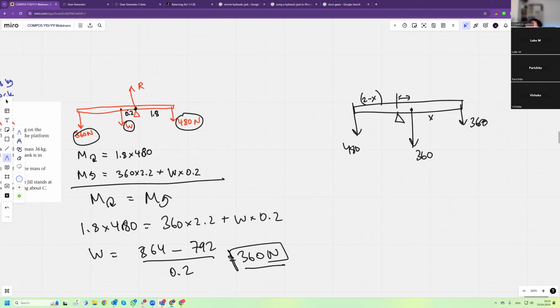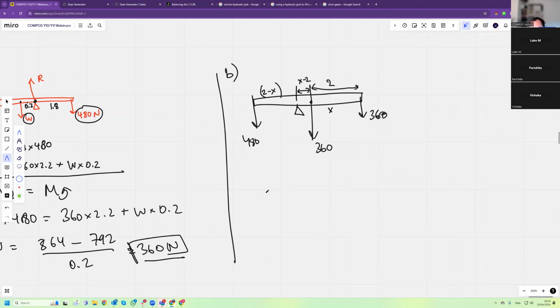So this is X. This is 2 minus X. And what is that? Well, we know that this is 2 meters. So this is X minus 2. And here again, this is for question B. We find the clockwise moments. The clockwise moment is 360 times X minus 2.